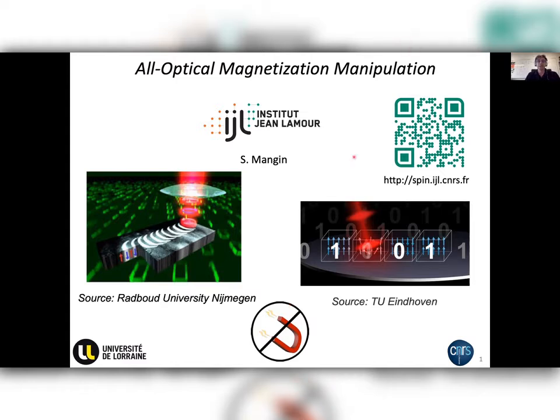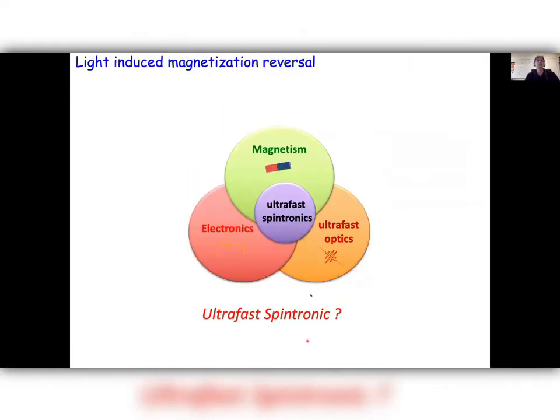This field is interesting since it combines various fields such as magnetism and electronics that gave rise to spintronics, but also ultra-fast optics. And so in the end, we may think about using all of this to build ultra-fast spintronics.